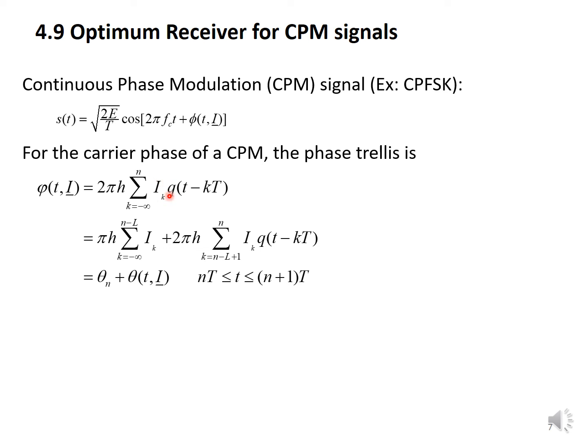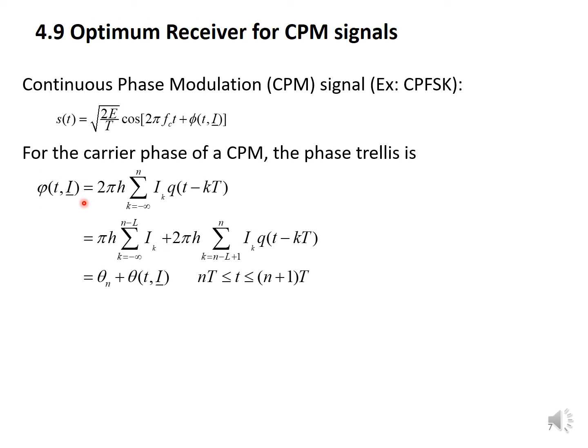And the phase change is defined by all the possible sequences of symbols I_k. The possible transmission sequence I_k, up to symbol n, defines the path of the trellis, and that defines the current phase, right? The current phase.